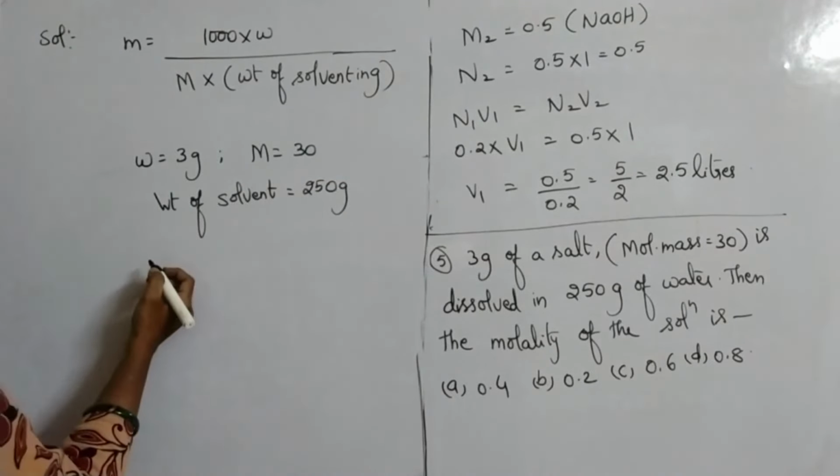Question number 6. A gaseous mixture contains 40 grams of H2 and 560 grams of N2.